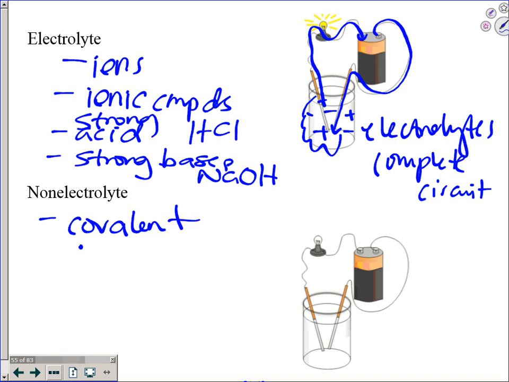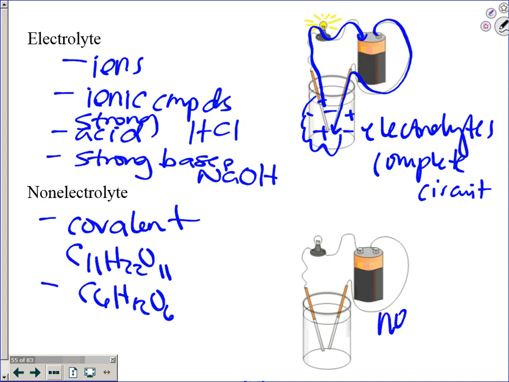Like sucrose, C12H22O11. No, sorry, it's 12. Glucose, C6H12O6, things like that. So creating a circuit is very difficult for them because there are no ions in solution.